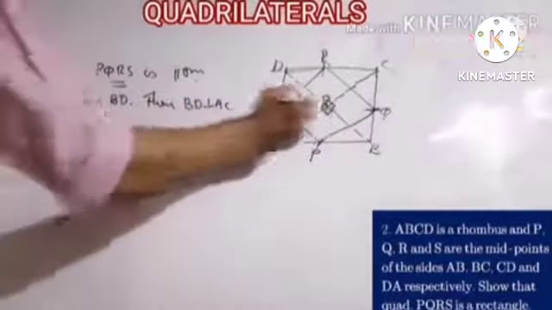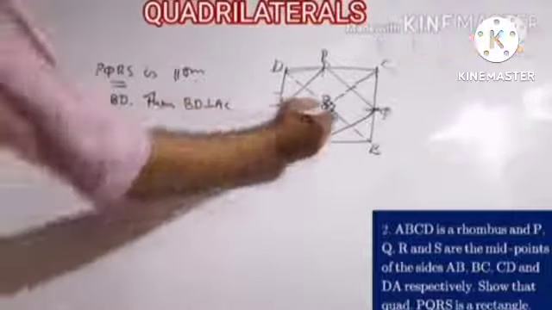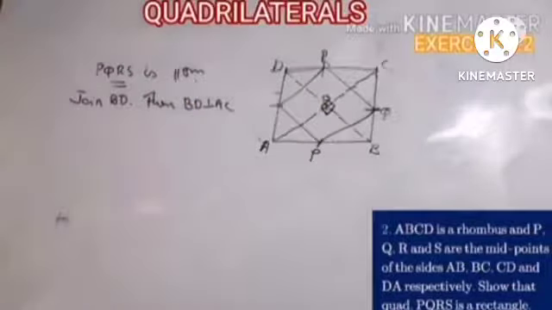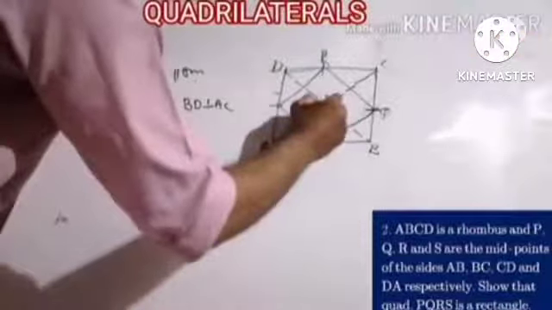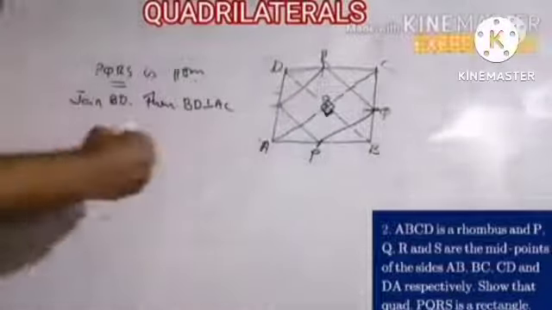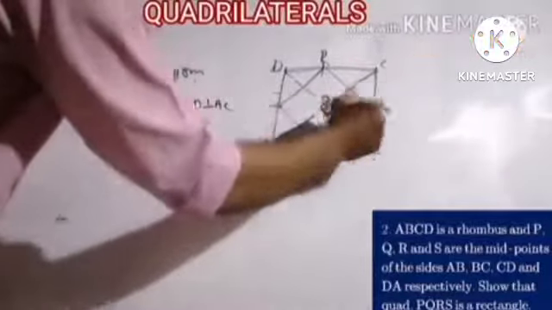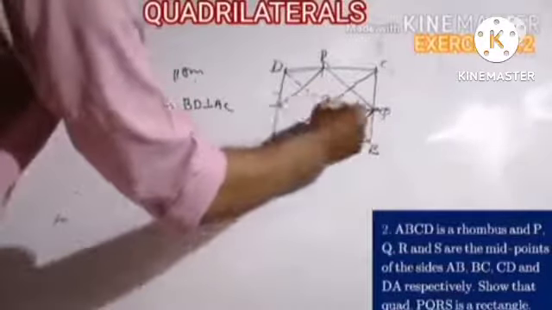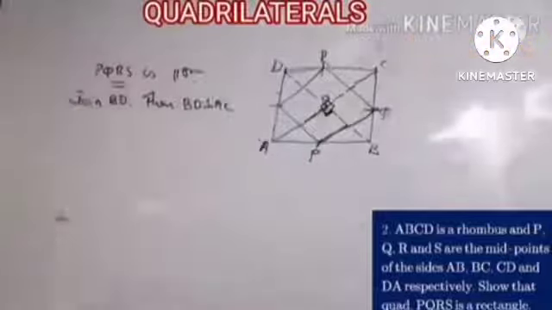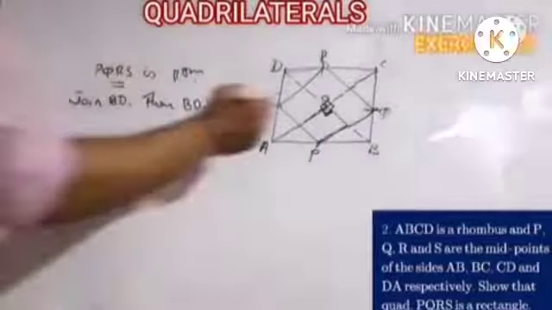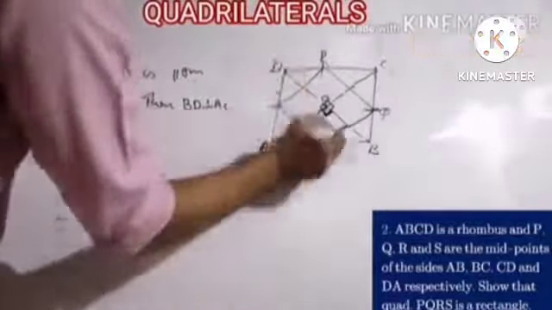Perpendicular is occurred here. So I wrote this one. BD perpendicular AC. Now consider this one. Okay, here we have this AC parallel PQ. So these pairs are parallel. Also we can prove that BD parallel PS.